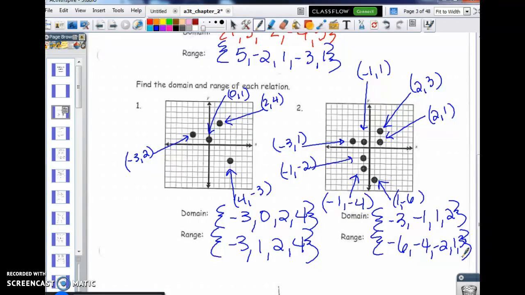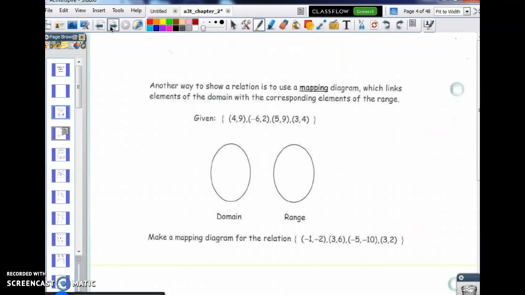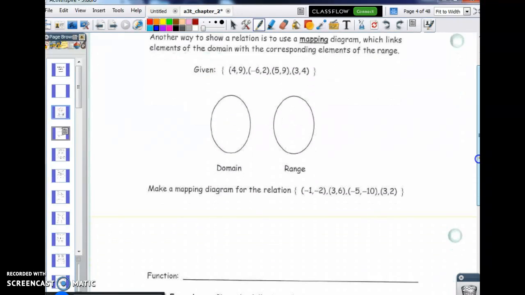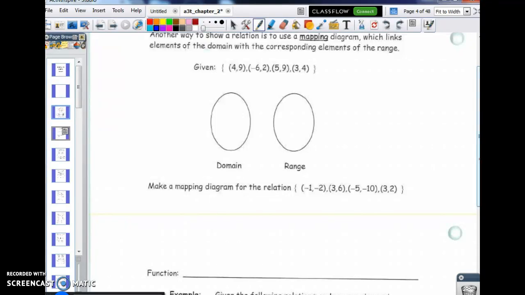Let's take a look now at something a little bit different. Another way to show a relation is to use a mapping diagram, which links the elements of the domain with the corresponding elements of the range. So we're given 4, 9 here. Again, we know these are x, y, and my x are my domain and my y are my range.